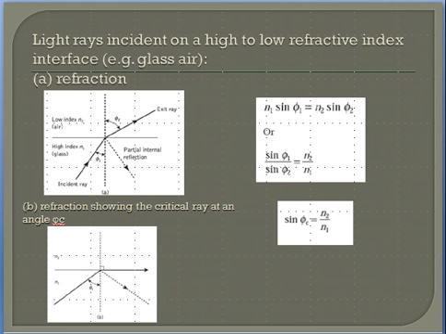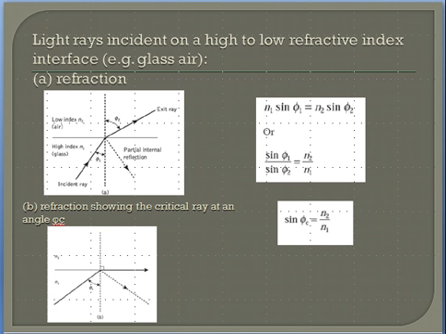As n1 is greater than n2, the angle of refraction is always greater than the angle of incidence. Thus, when the angle of refraction is exactly 90 degrees, and the refracted ray emerges parallel to the interface between the dielectrics, the angle of incidence must be less than 90 degrees. This is the limiting case.